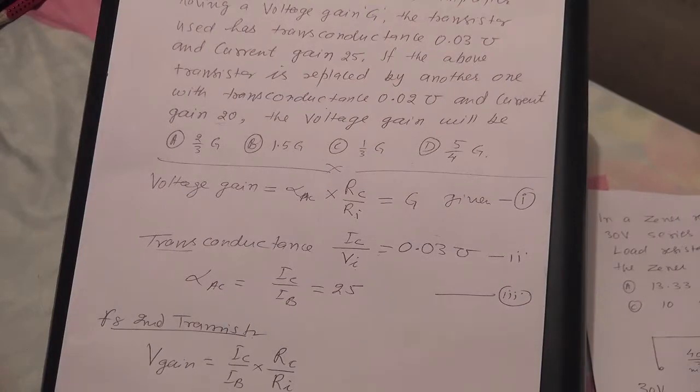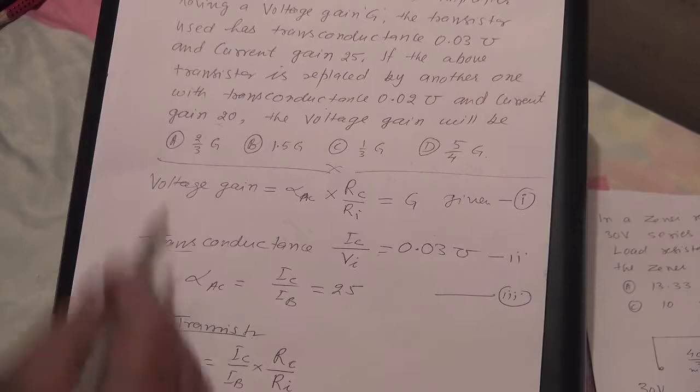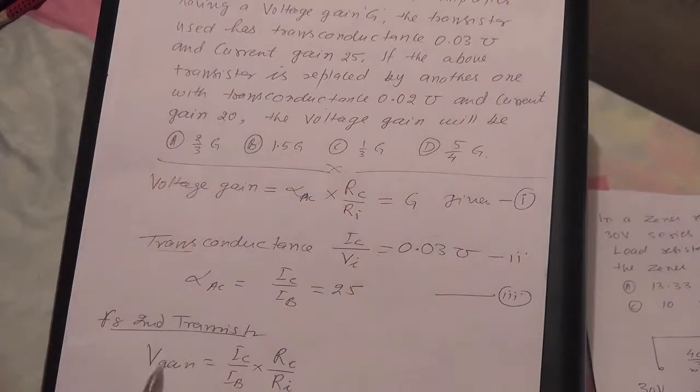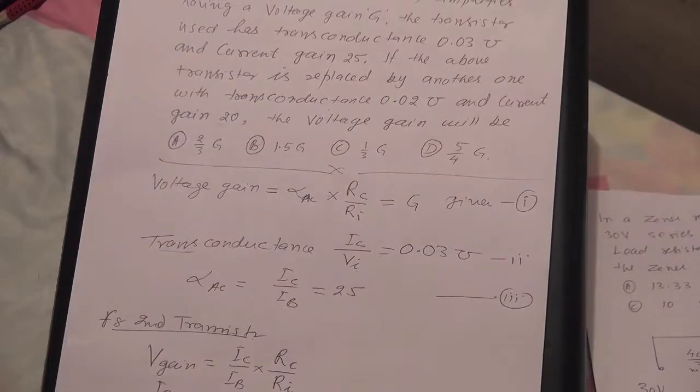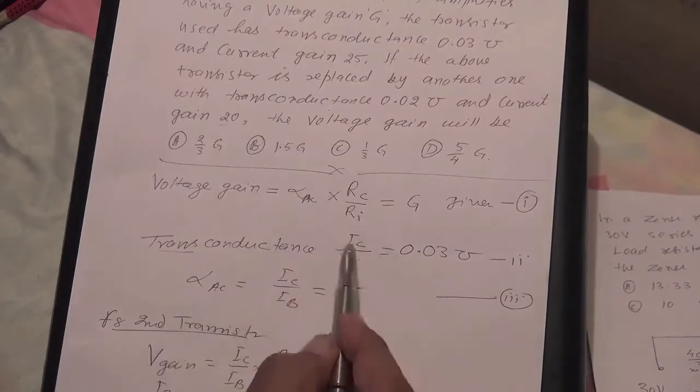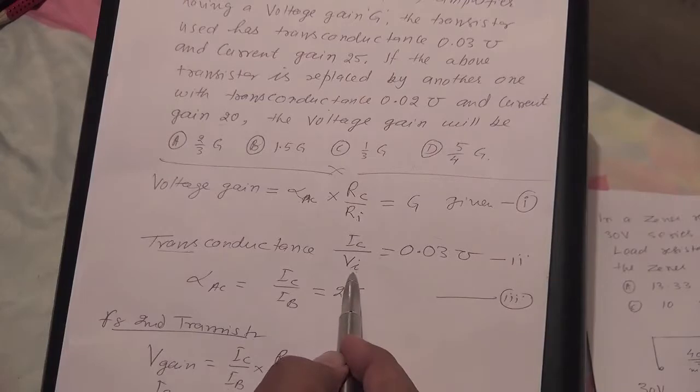IC अपॉन IB इज नोन टू अस. वी वॉन्ट टू फाइंड आउट RC अपॉन RI. ये कैसे मिलेगा? तो RC अपॉन RI देखिए, ये व्हाट इज दिस 20 इज करंट गेन IC अपॉन IB.